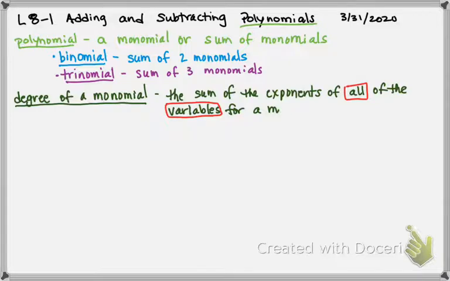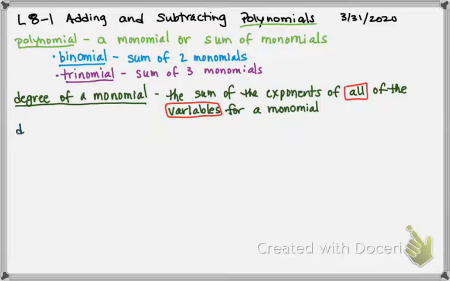I once asked my 6th graders if the pen bothered them. I had kids say, no, it's actually soothing. I'm like, okay. So once we understand what the degree of a monomial is, then we need to understand what the degree of a polynomial is.